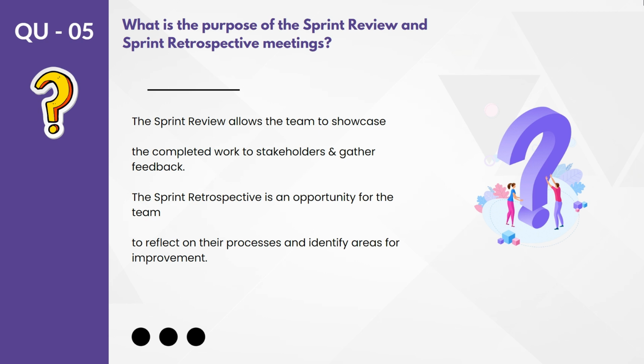So these two points: sprint review is to showcase the team's work, and retrospective is the opportunity to reflect on their process, how they are doing the entire activity, and where there are chances for improvement. That's the takeaway for sprint review and sprint retrospective.